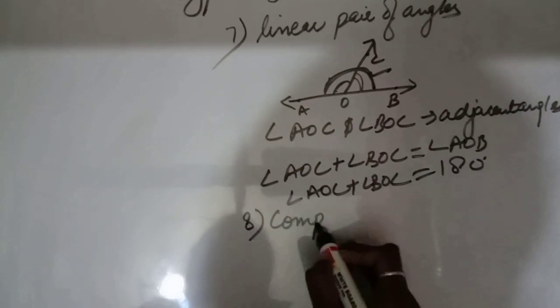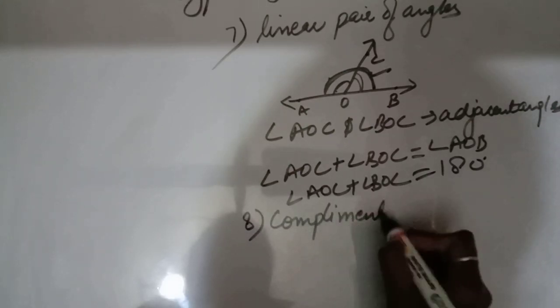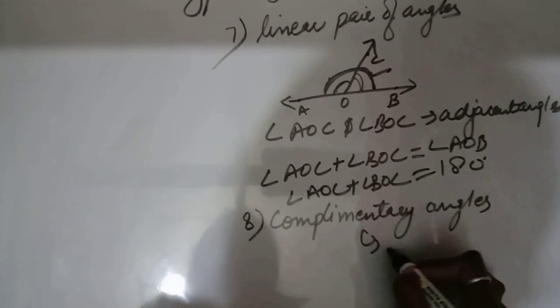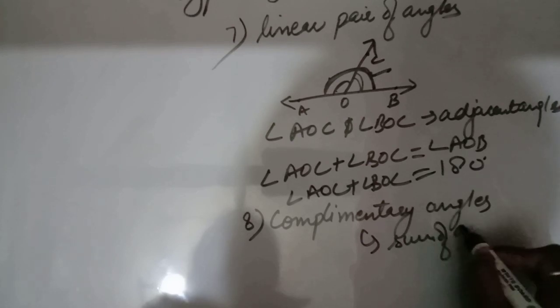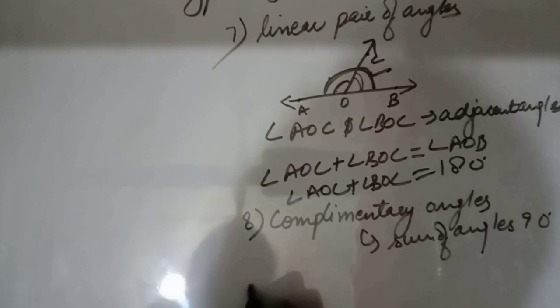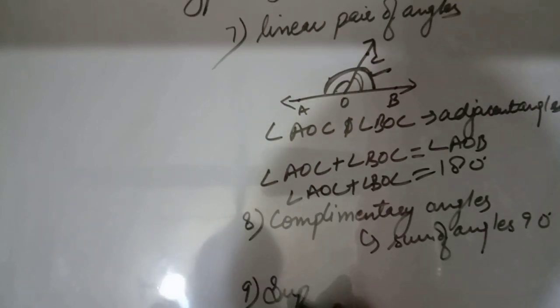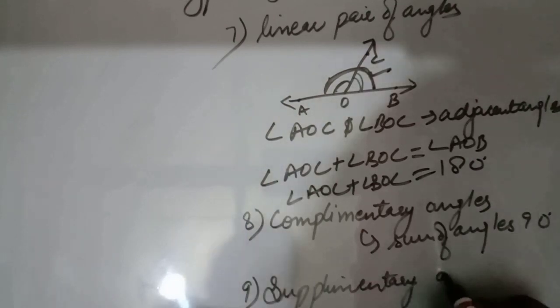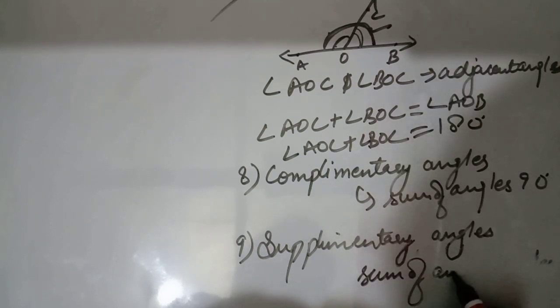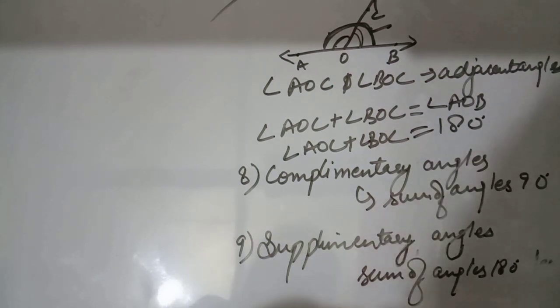complementary angles. What are complementary angles? Angles whose sum is 90 degrees are called complementary angles, and supplementary angles are those angles whose sum is 180 degrees.